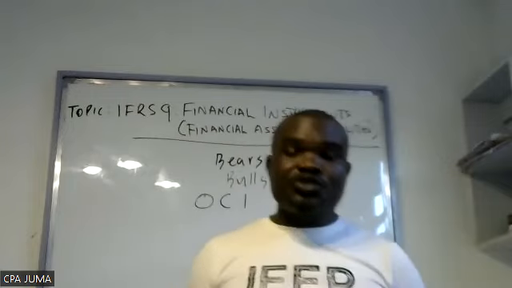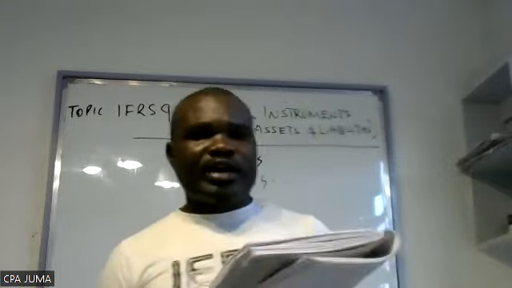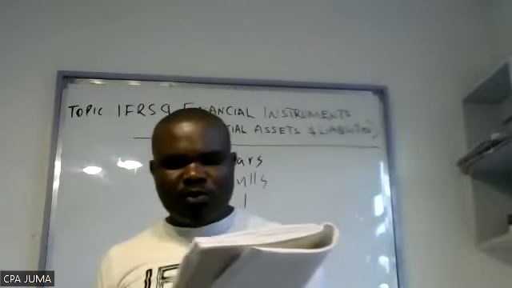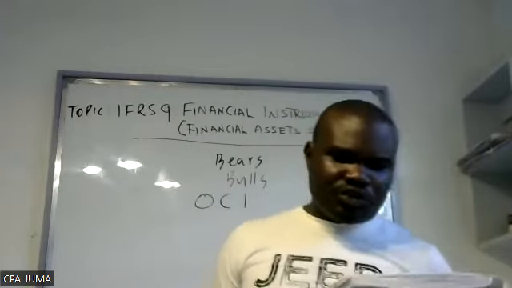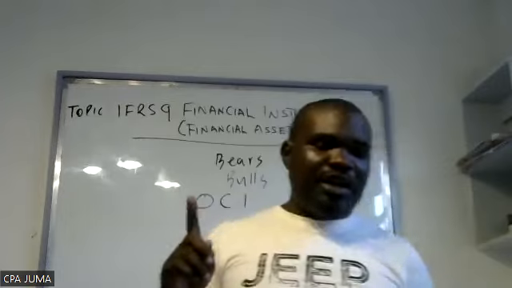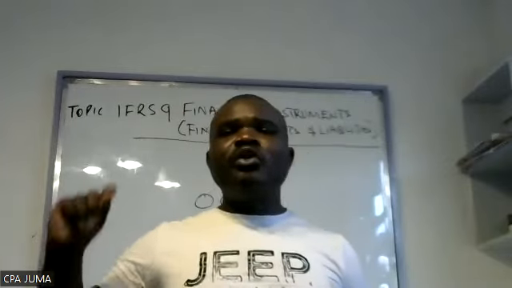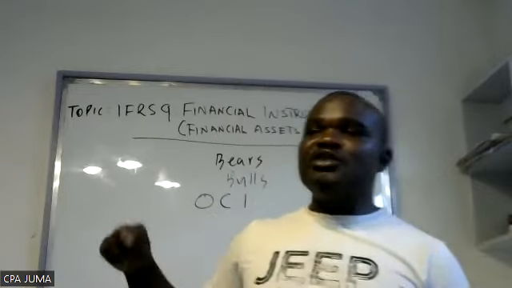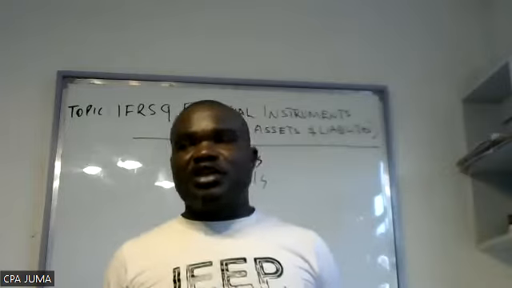Recognition of financial instruments. So how do we recognize them in the books? Now that's a frequent question actually. An entity should recognize a financial instrument when it becomes a party to the contractual provision related to the instrument. This question is normally framed this way by the examiner: explain when, and I like the word when, that is the main thing, when an entity should recognize financial instruments in the financial statements.